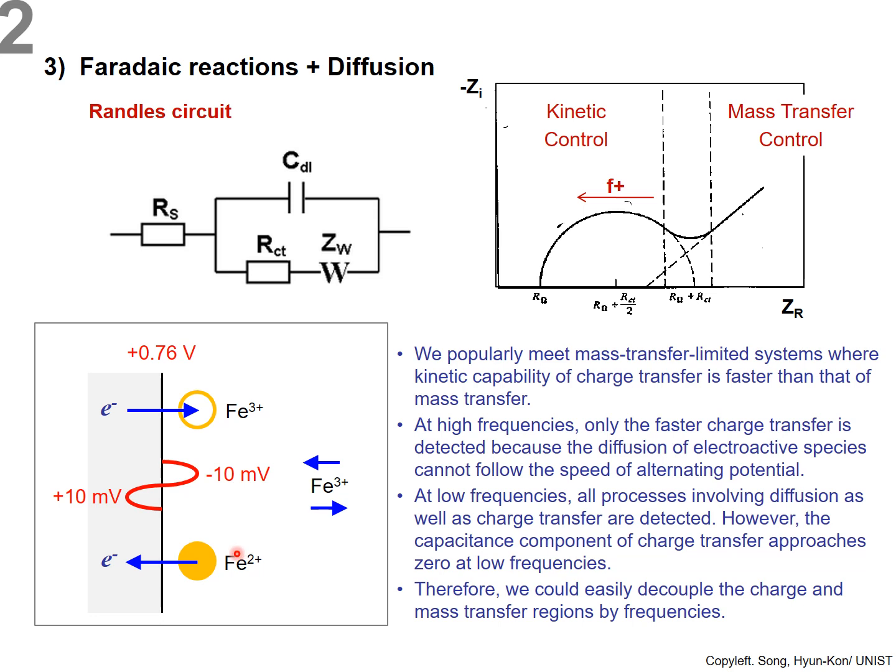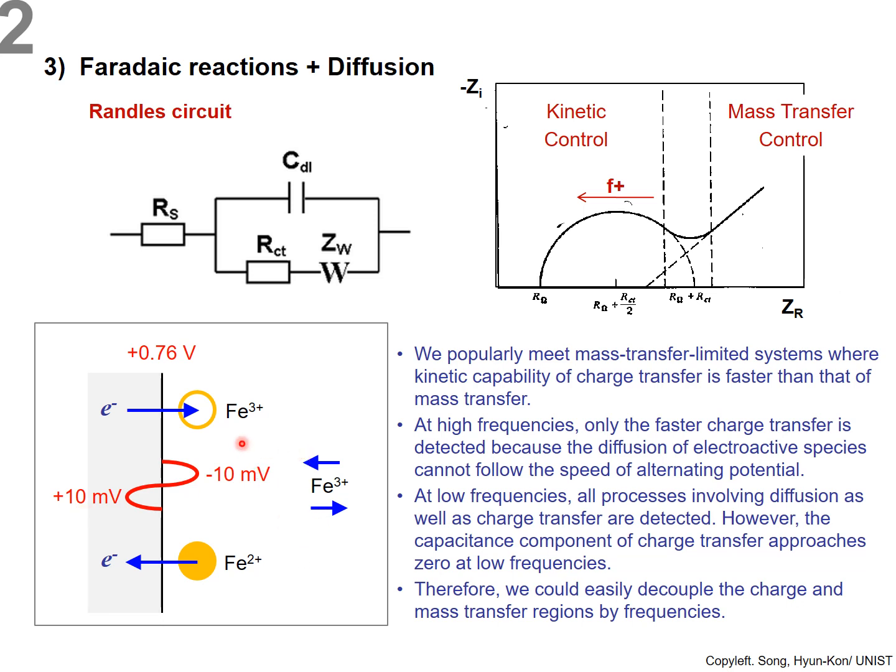The kinetics of charge transfer between Fe2+ and Fe3+ is really fast. So the oxidation or reduction follows any frequencies of the plus minus 10 millivolt variation. Even at very high frequency, minus 10 millivolt, and then immediately it is going to the plus 10 millivolt in the sinusoidal function.